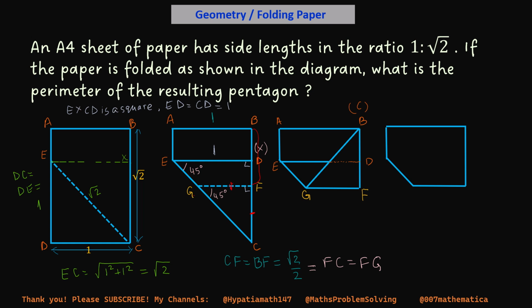That's what I'm saying, right? So the next part is to work out what GC is, and using Pythagoras theorem we get GC is 1. FC of course is root 2 out of 2, so GC is 1.